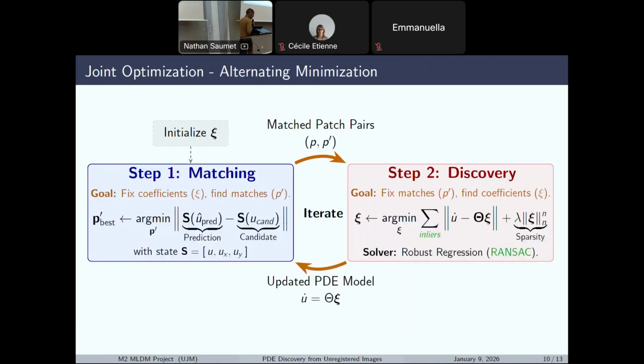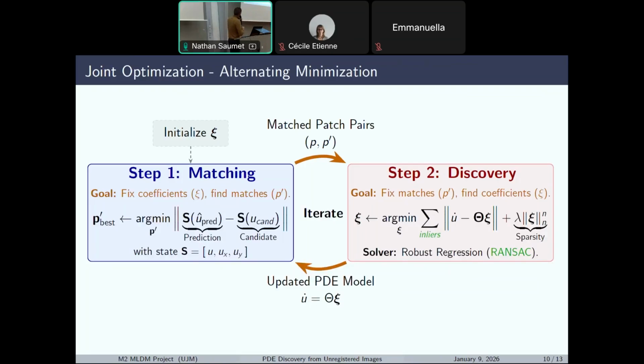So how did we implement this idea? We did it by using an alternating minimization algorithm, where first we fix the coefficients xi, so we fix the PDE, and we try to find some matches between two frames, so between time t and t+1.